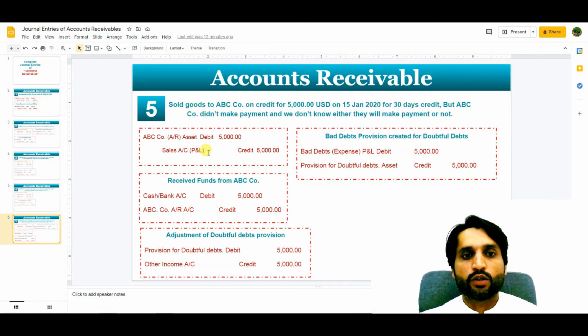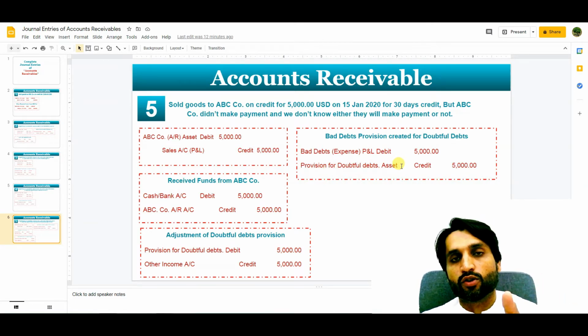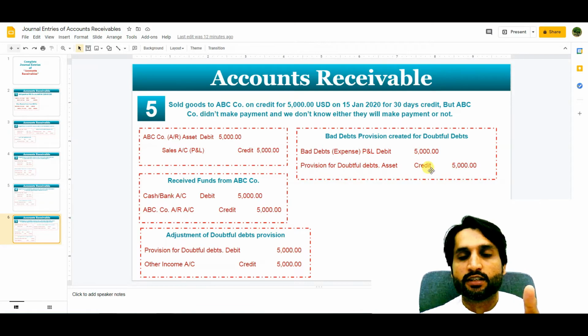When we sold goods to them, we made this entry: ABC company debit, sales account credit, and we are going to create a bad debts provision for doubtful debts. So bad debts expense, profit and loss, will be debit, we will make this 5,000 an expense, and provision for doubtful debt, an asset account as a contra account of account receivable, we will create under the debtors. That will be credit for 5,000.